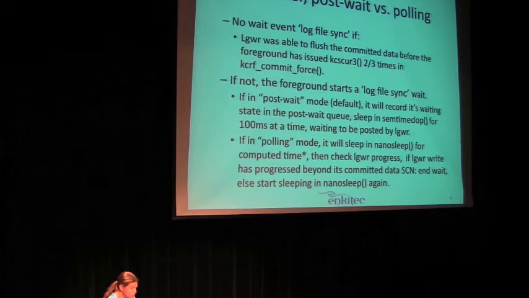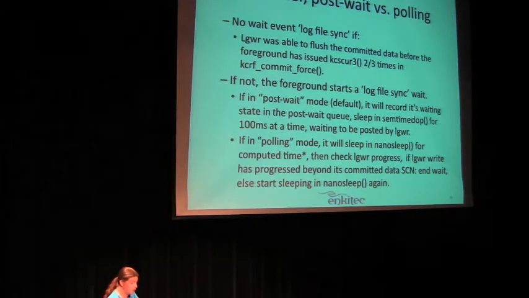And if the foreground session is in post-wait mode, then it will record that it's waiting in something which is called a post-wait queue. I've searched in the Oracle database for something called a post-wait queue for quite a lengthy time, and I can find in some X$ tables which start with KSL that there is an entity called post-wait queue, but I don't think it's externalized anywhere as far as I know.